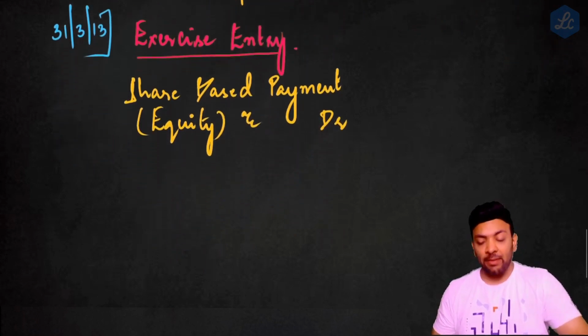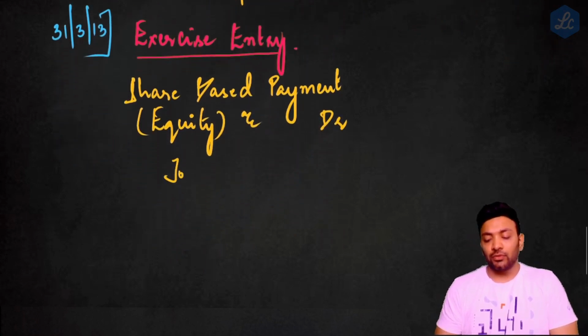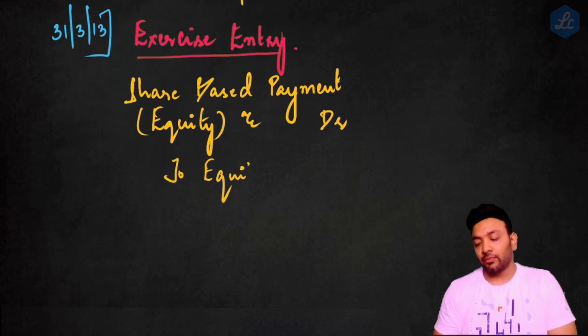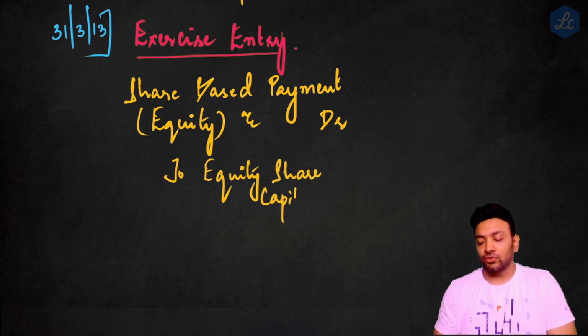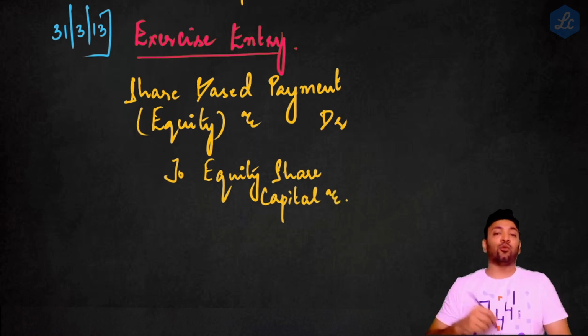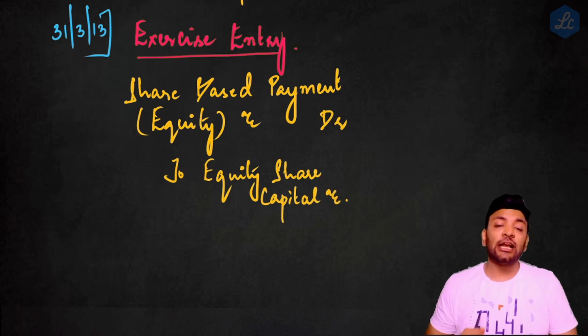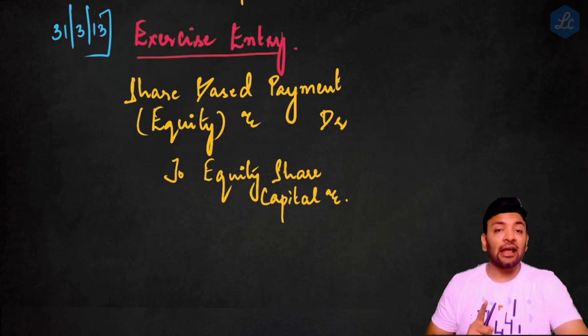What do you issue to them? To equity share capital. So I am reducing the equity part and I am transferring it to the equity share capital. How much amount? Not the entire 5 lakhs.